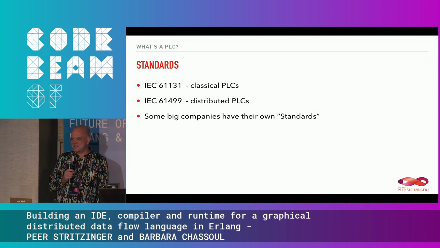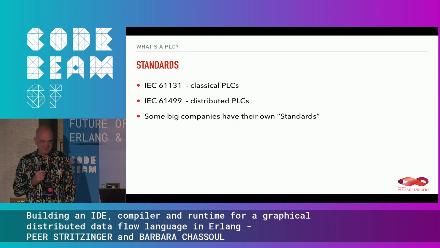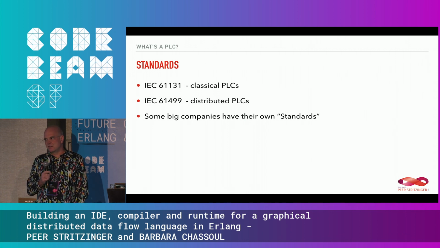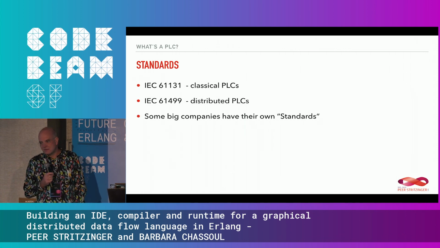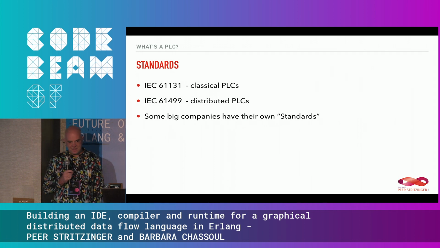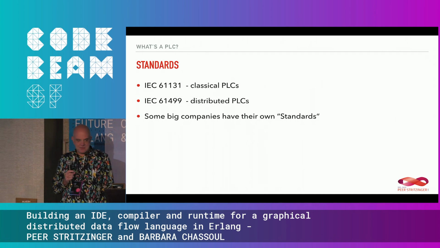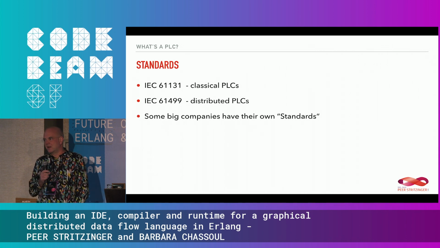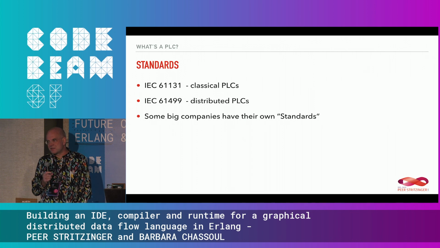They stick with what they know for a very long time, because they write applications with other time spans. A PLC application usually runs for 20 years until it's dismantled. And then one big European company starting with an S, I can say it, Siemens, has their own standard, which is very similar to 61131, but different. But they have so much market penetration in Europe that they can actually afford this.